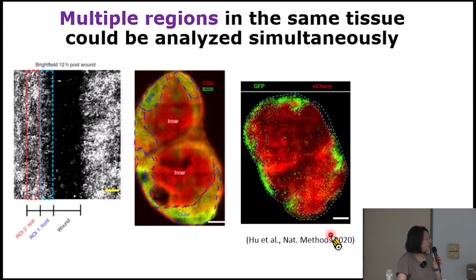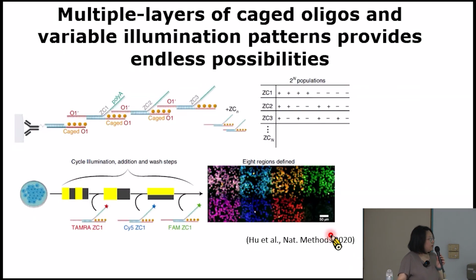And now you'll be like, okay, how about if I want to analyze more than 2 different regions in the same tissue? You can still do that. In the same paper, the authors already designed that for you, because now you're playing with nucleotides, right? You can do endless hybridization of nucleotides and add more complexity or possibilities.